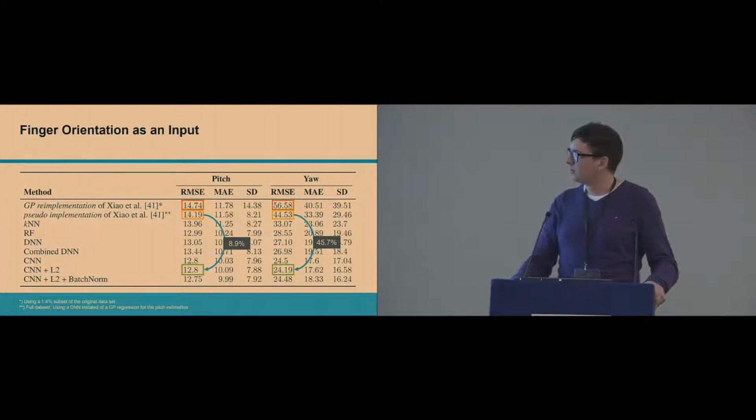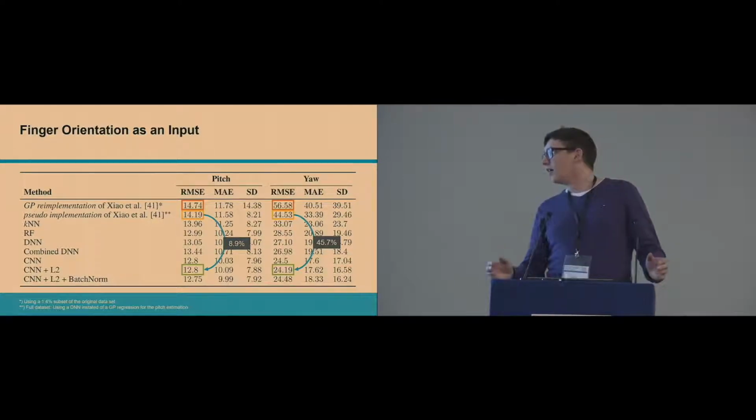From there on, we see that the k-nearest neighbor and the random forest with the feature representation also worked better than the feature abstraction used by XR et al. And then we had the DNN, which worked slightly better than the KNN, but not better than the random forest.